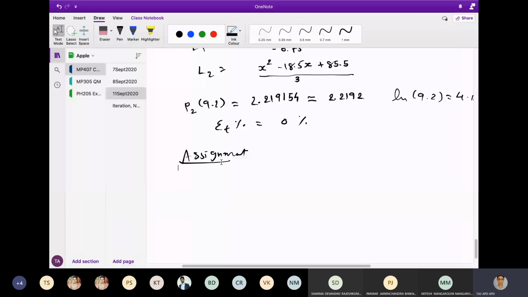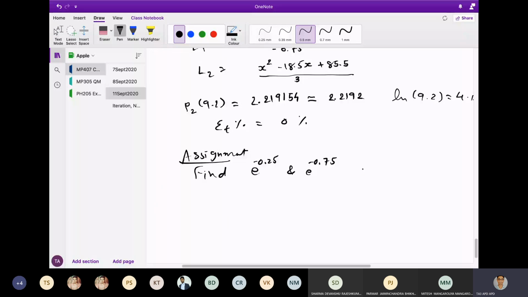The assignment question: you have to find e to the power minus 0.25 and e to the power minus 0.75 by Lagrange interpolation.